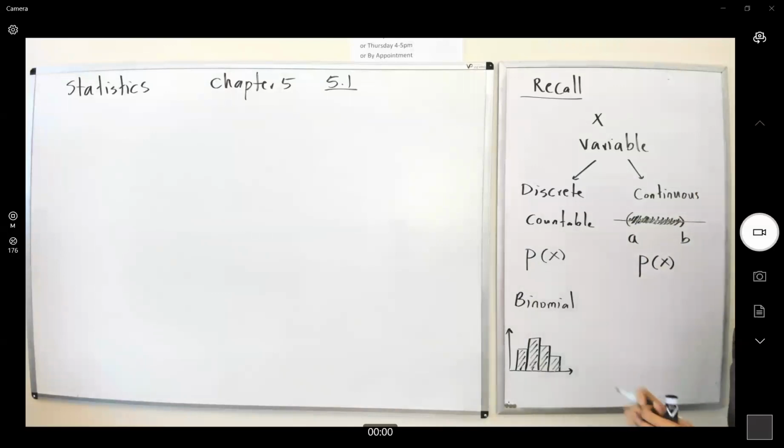The definition of the function is different. And as I mentioned, one of the most important continuous distribution, probability distribution, is related to normal or bell-shaped distribution. The graph is going to be like this. Bell-shaped.